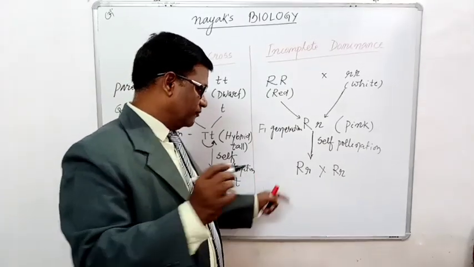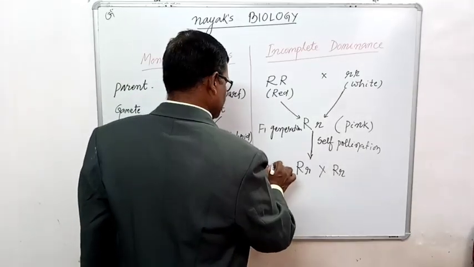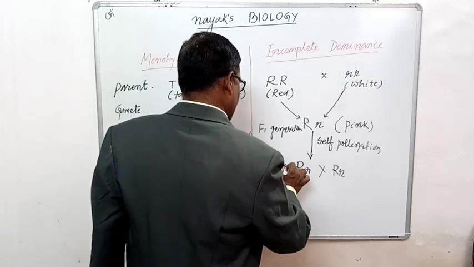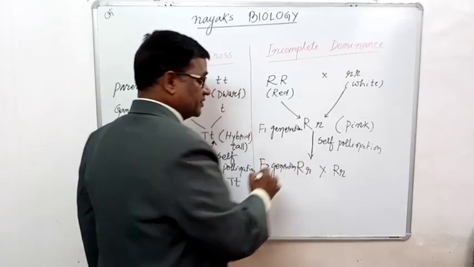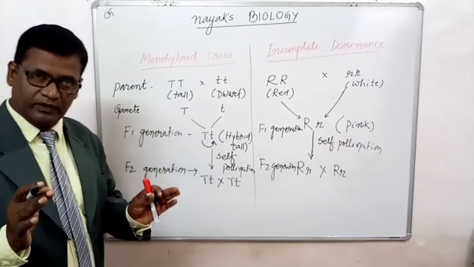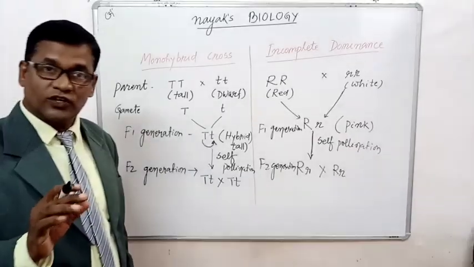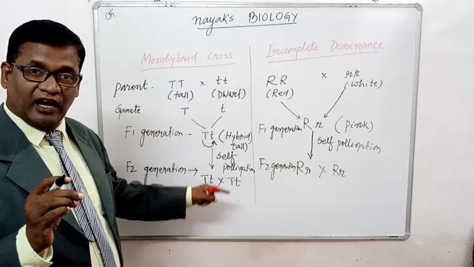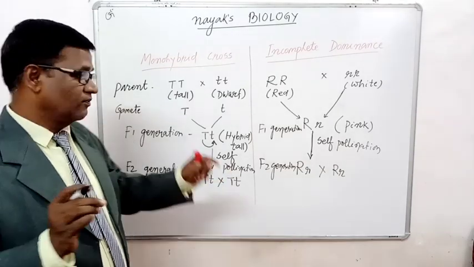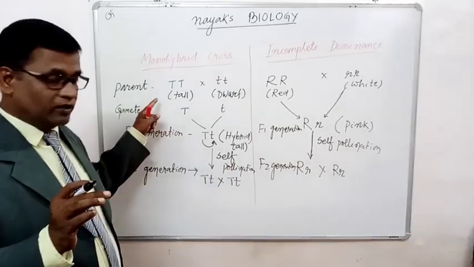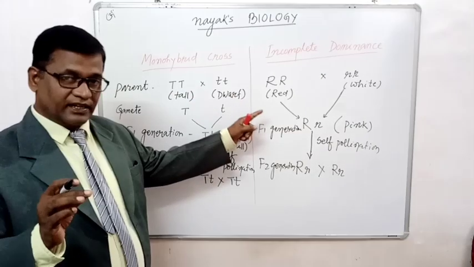This is the F2 generation. Now how will we know what offspring will come? We make a simple table to understand. Before going to the F2 generation, I will recall the concept. It is tall and red.